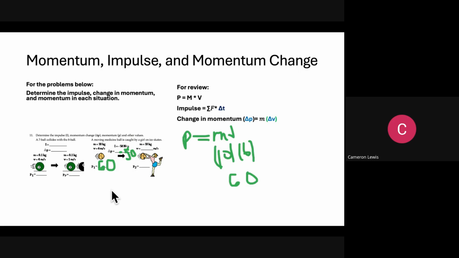So now we need to find that velocity, right? But there's two ways we could do this. So let's go the first way. I know that initial momentum is 60, and I know that my change in momentum is negative 50.